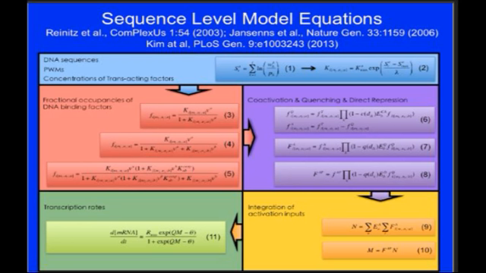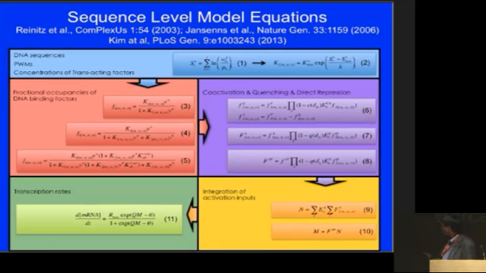So this top line is where we use positional weight matrices to calculate equilibrium binding constants from sequence. Okay, this orange square is the thermodynamic calculation. Here is the protein-protein interactions. And essentially what we're doing is we're adding up activators where we turn some of them off by repression.